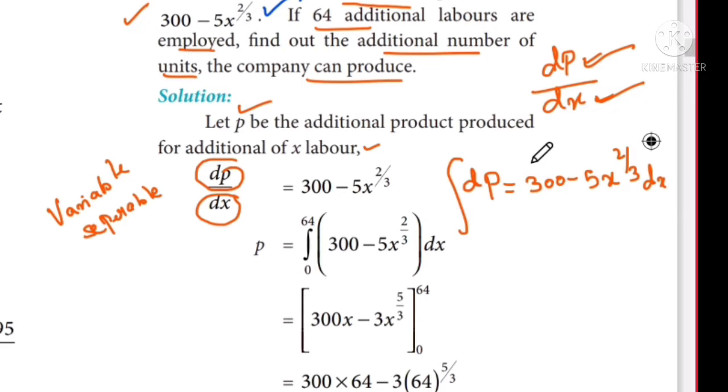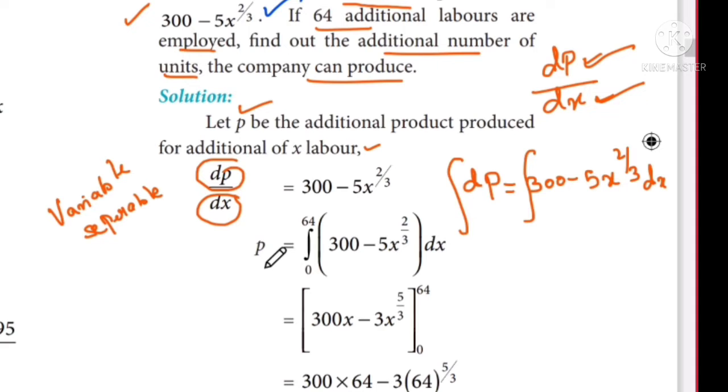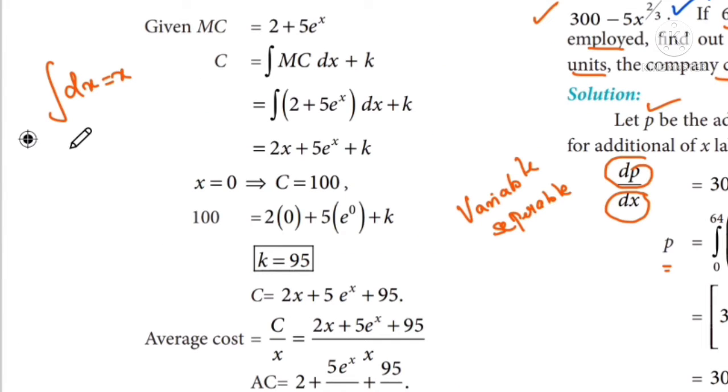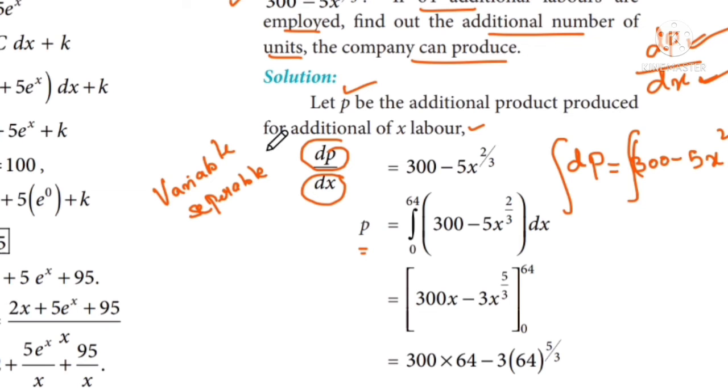Now you integrate. Integration of dx is x, so integration of dp is p. Integration of 300, it's a constant. What is integration of k? K into x. So integration of 300 is 300 into x.